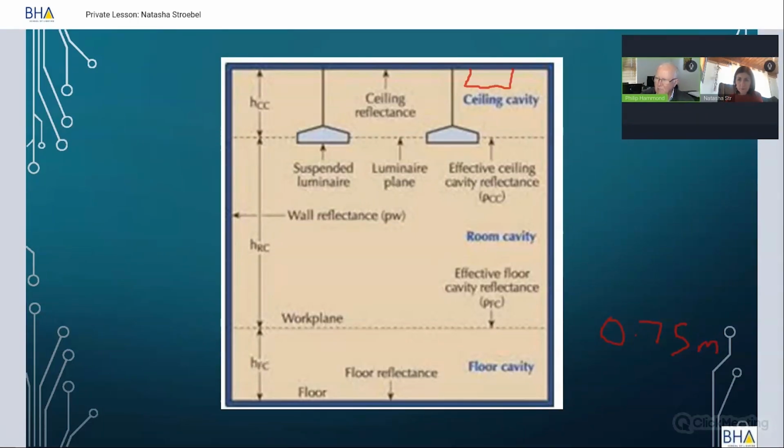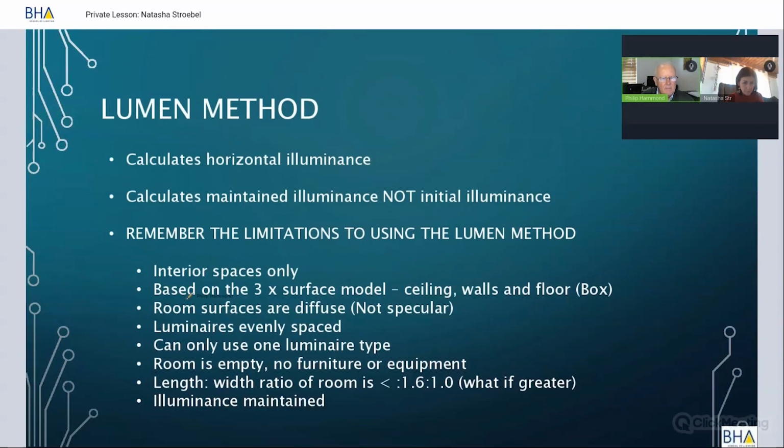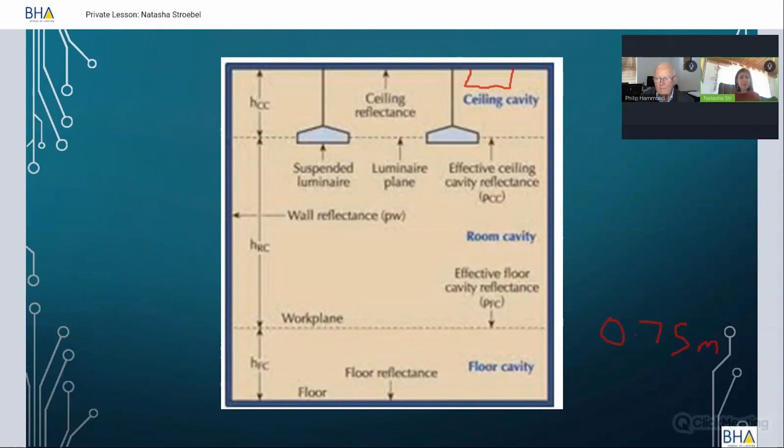The calculation, remember what I said? There's no furniture or equipment. The reason why I'm asking is because generally in an office you've got a desk, but in a factory you don't necessarily have a desk, if you know what I'm saying.